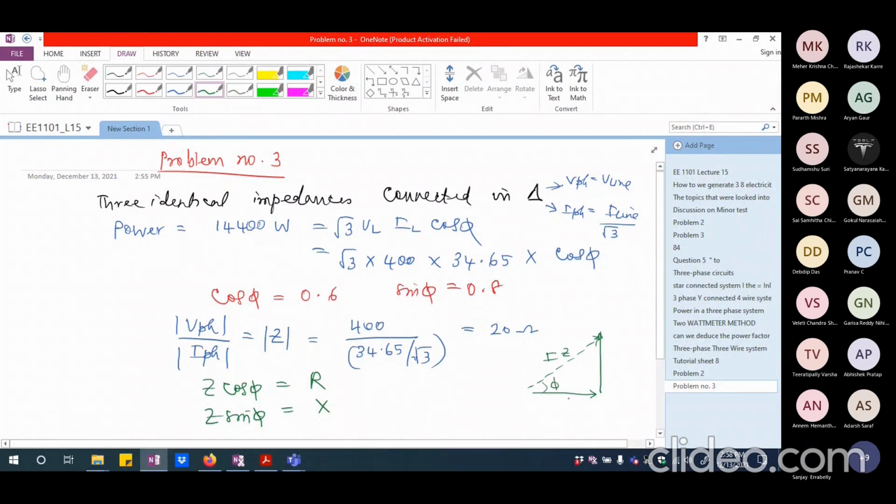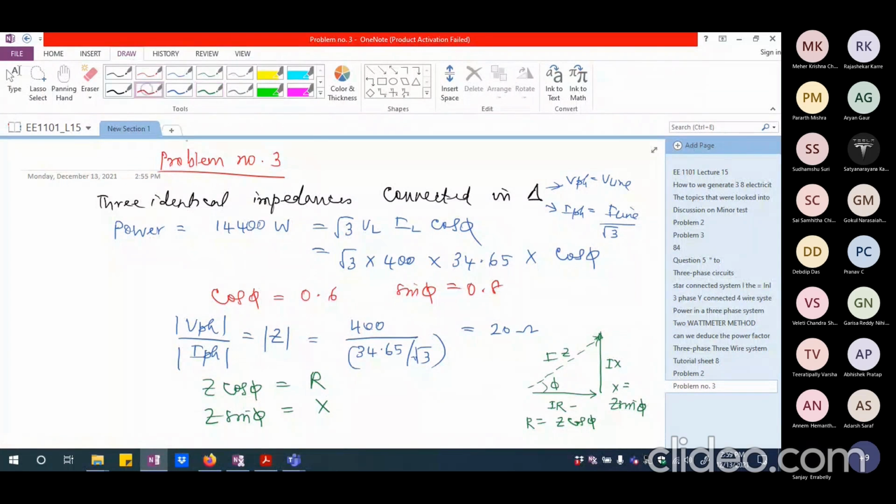So if this is phi, the impedance angle, and this is IR and this is IX magnitude, obviously this is phi. So R is Z cos phi and X is Z sin phi. That is how we get Z cos phi is R and Z sin phi is X.